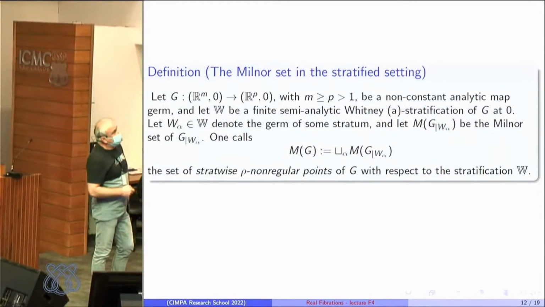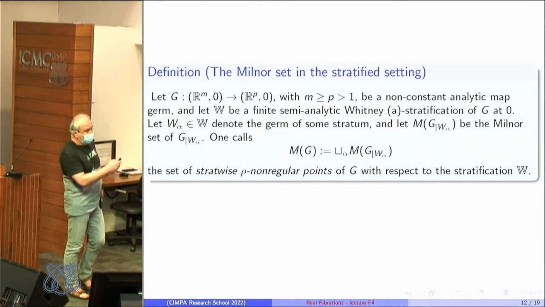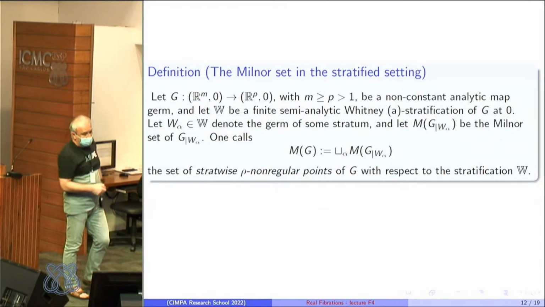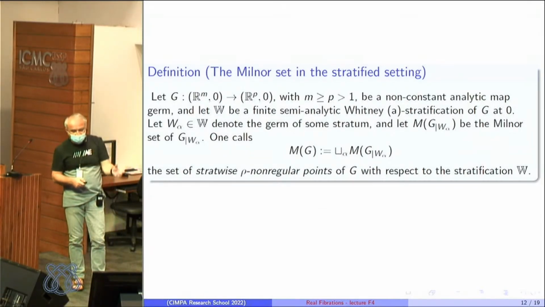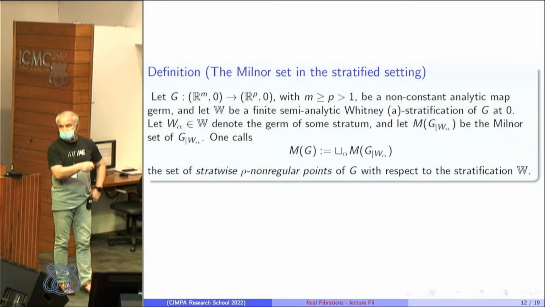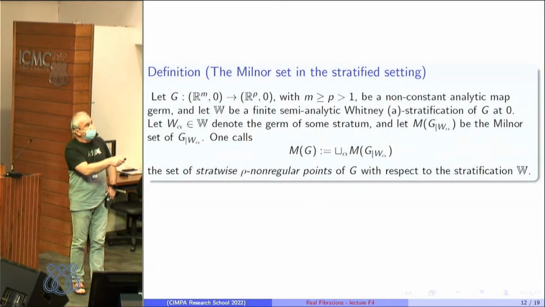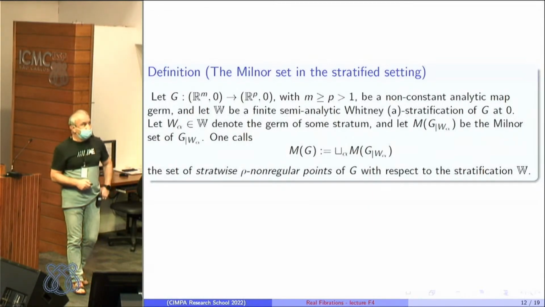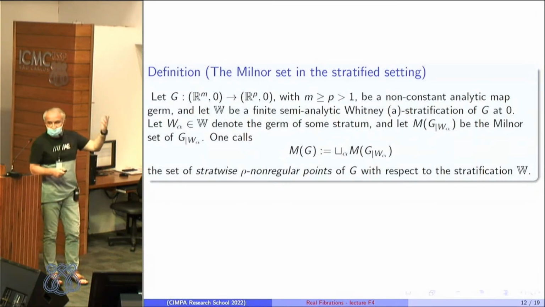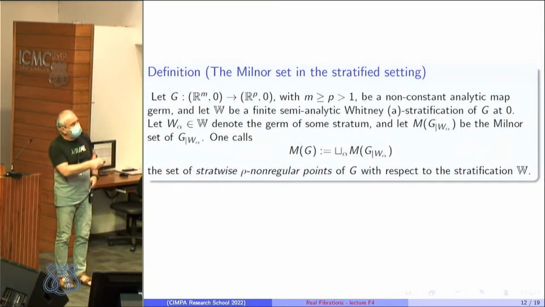And suppose that you have a function, and a stratification of the source. So in the source you have this stratification into manifolds, and you can consider the Milnor set for each stratum. Then you take the union of all these Milnor sets, and you call this one also the Milnor set of g, the stratwise Milnor set, if you want.